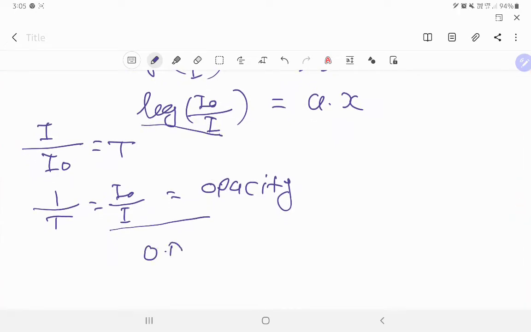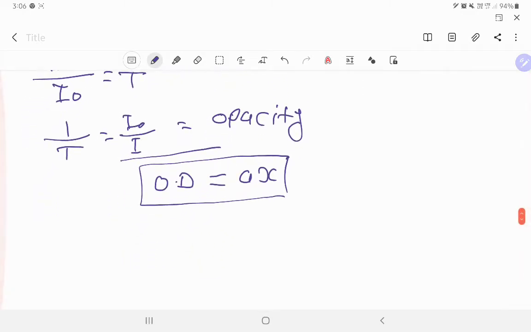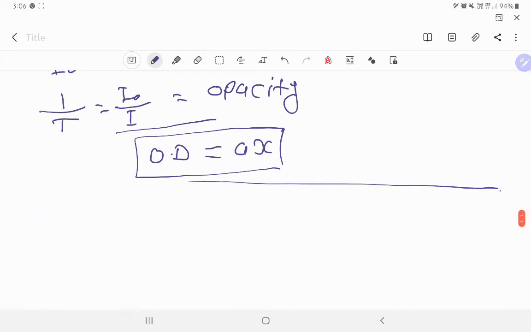Therefore, optical density, also called absorbance, is equal to ax. This is Lambert's law. And this Lambert's law, applied to solutions by Beer, is called the Lambert-Beer law.